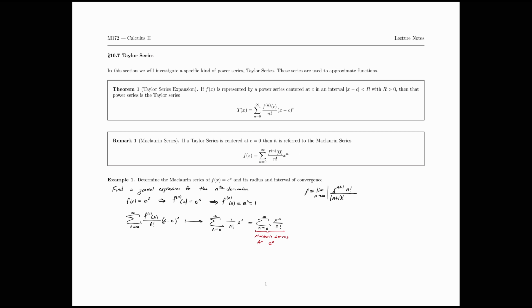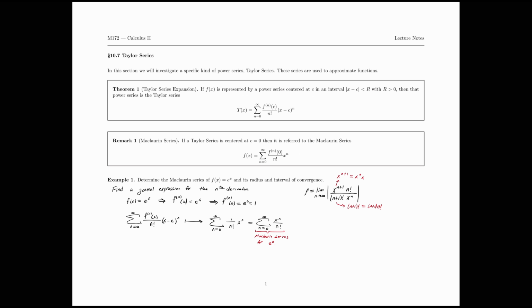So this will be n factorial over x to the n. Now, of course, x to the n plus 1 is just x to the n times x. N plus 1 factorial is n plus 1 times n factorial.